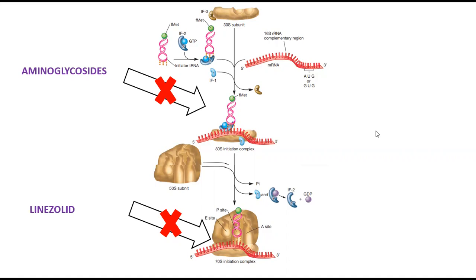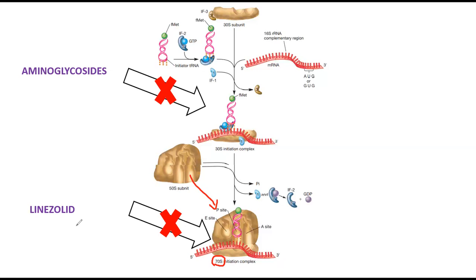The second is linezolid. It also has a very unique function. It does not allow the formation of the complete ribosome after the initiation complex is formed. Normally, the 50S ribosomal subunit comes and binds to the 30S ribosomal subunit, the 70S ribosome forms, and the translation process starts. Linezolid does not allow the combination of these two subunits.